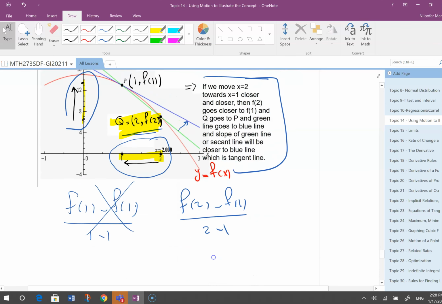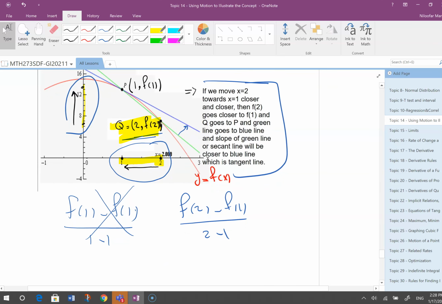See here, I use 2. I want the slope of the blue line, which is f(1) minus f(1) over 1 minus 1. This is not defined. So I start from 2 and go closer to 1 on the x-axis. On the y-axis I go closer, the green line goes to the blue line, and the slope of the green line goes to the slope of the blue line. Then I have the answer.